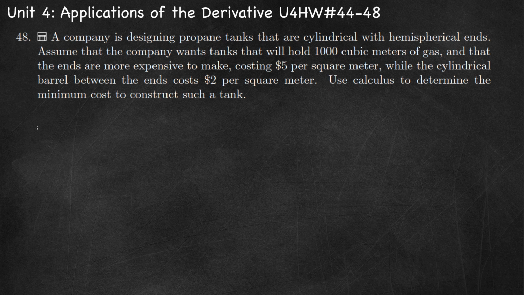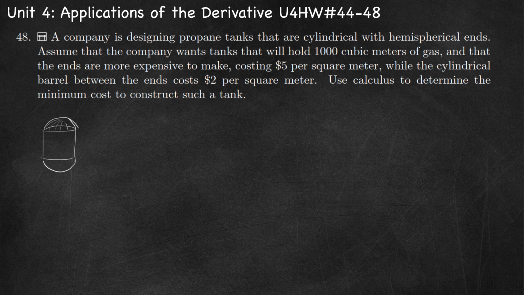And the final question, number 48: a company is designing propane tanks that are cylindrical with hemispherical ends. Assume the company wants tanks that will hold 1,000 cubic meters of gas, so that's total volume, and that the ends are more expensive to make, costing $5 per square meter.